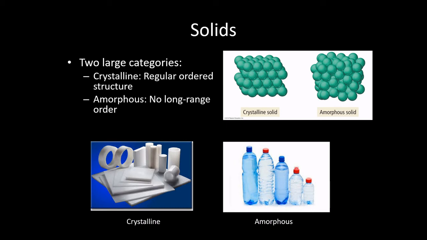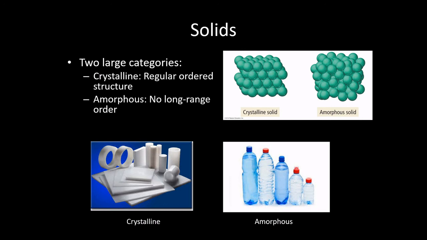There is a set structure, and if you look at one place in the crystal, it is the same as everywhere else in the crystal, whereas in an amorphous solid, there is no long-range order. So the arrangement of molecules in one area could be not dramatically different necessarily, but definitely could be different from one area to another. It's more like things are just kind of jumbled together versus having a very orderly structure.